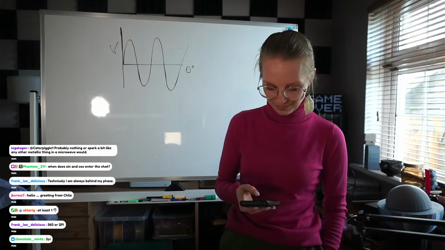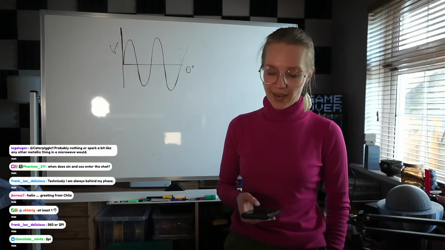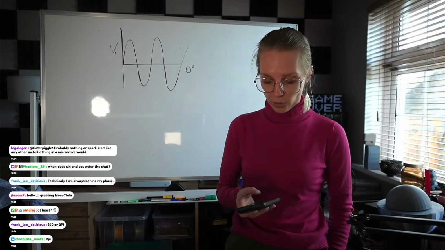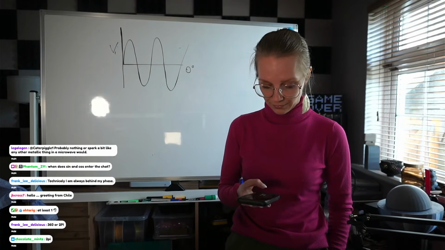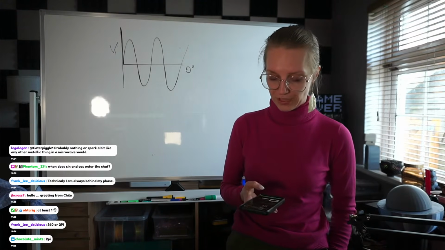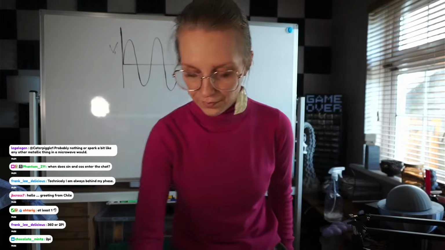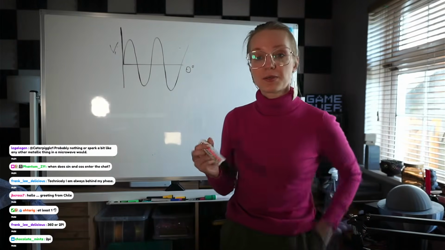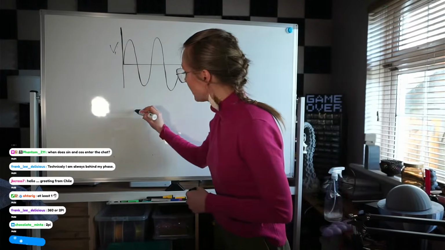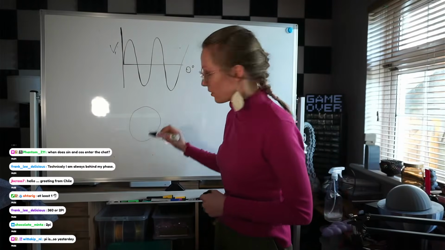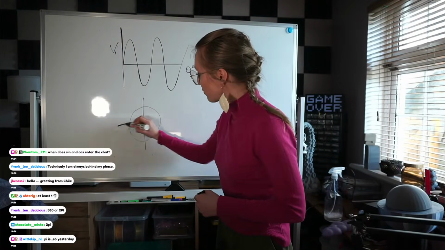Usually I'm a pro pi person, but we're going to use degrees in this, okay? So absolutely right, 360, because there's 360 degrees in a circle. Now the unit circle is going to be very important for us here.